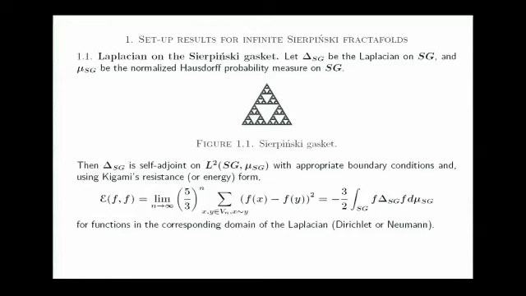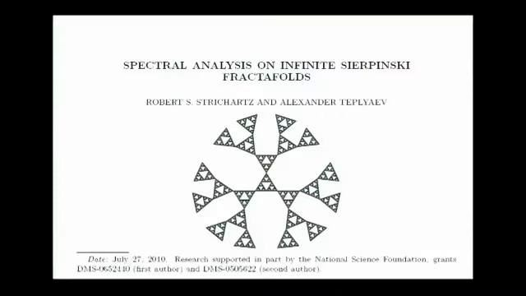You just use a slightly different normalization, but the difference in this case is not important. And if you have an energy form, you can also define the Laplacian basically by integration by parts. There is some number here which is placed there for historical reasons. It's not important. The Laplacian will be self-adjoint if you impose Dirichlet or Neumann boundary conditions. And then our aim is to build a fractafold, for example, like this.